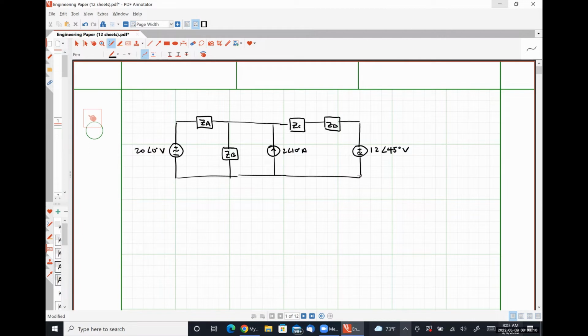And our ultimate goal in this problem is to determine the phasor voltage drop over impedance ZC, which I've labeled as VC. And we are going to do this using superposition. So let's start with, if I call this guy over here VS1 on, this guy over here, just to be clear, VS2 off and IS off.